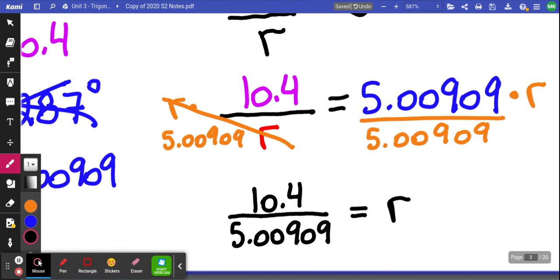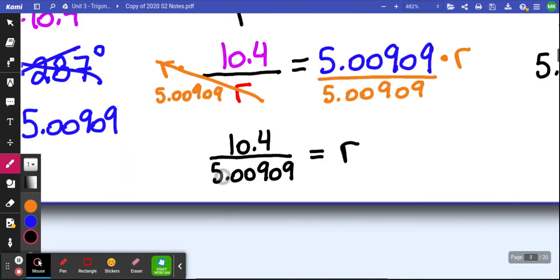It's been a while since we've solved fractions where things are on the bottom. Please just remember you've got to get it off the bottom. So you move it to the other side and then divide the number to the other side. Those of you who are in physics, you physics people would probably rearrange the formula first. So if you want to rearrange the formula with letters before the numbers, feel free. Go at it.